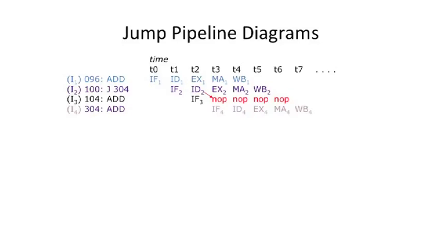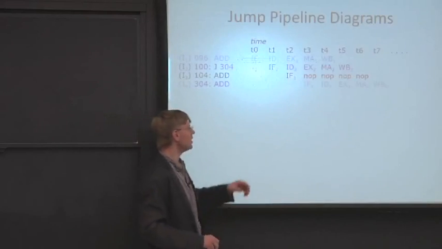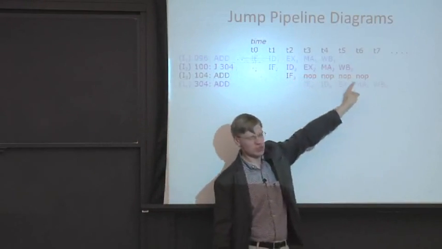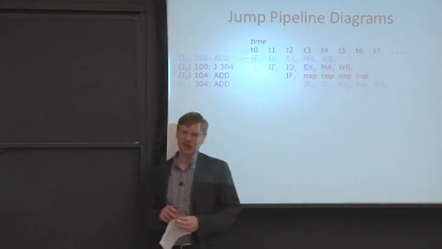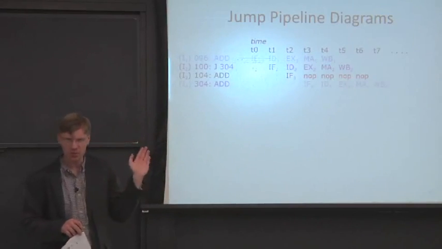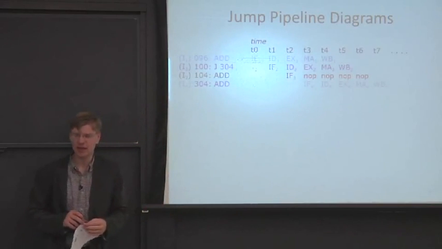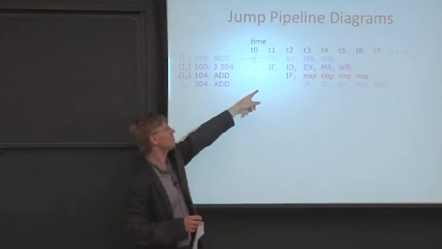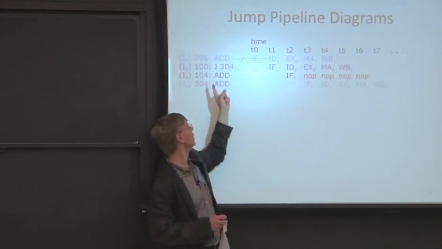And let's look at that from a pipeline diagram perspective, because that might shed a little light on this. Instead of drawing this instruction as continuing down the pipe, we're just going to put no-ops here, or dashes, there. So the first instruction goes on the pipe. The jump goes on the pipe, doesn't stall on anything. Because we have the PC+4 speculation, there's no stall here.